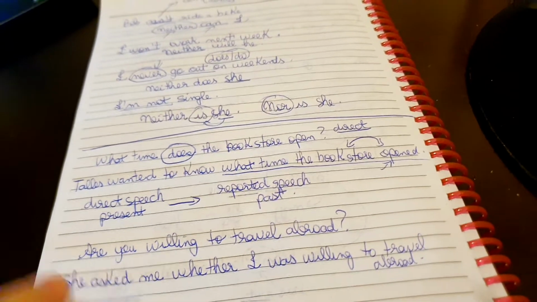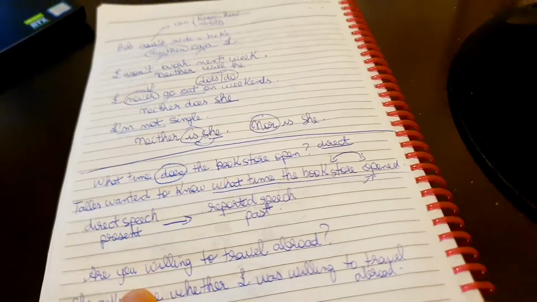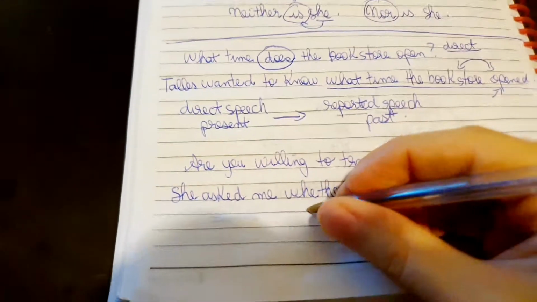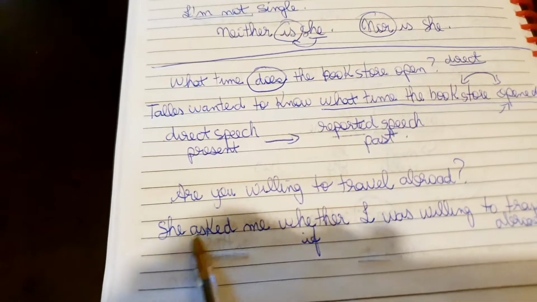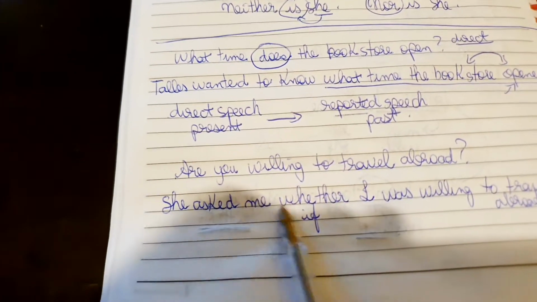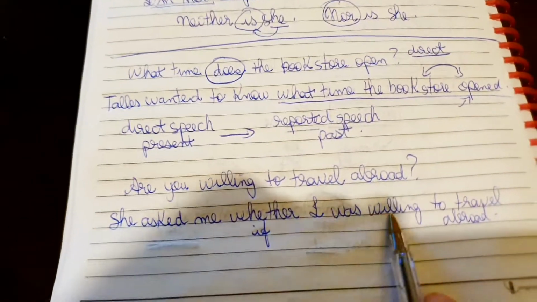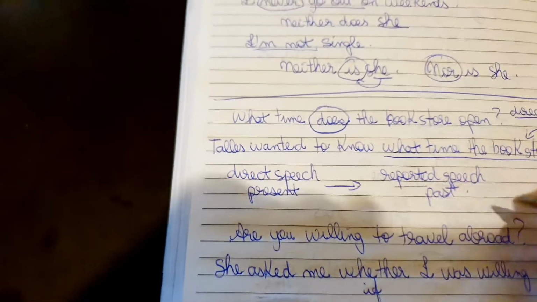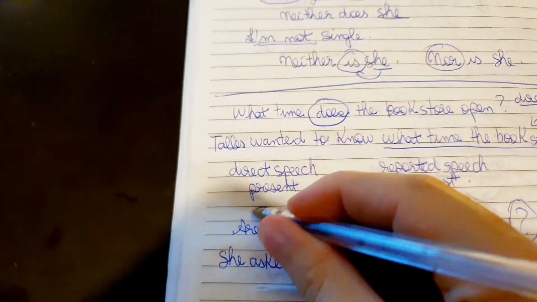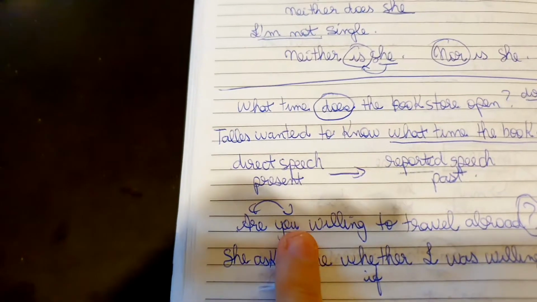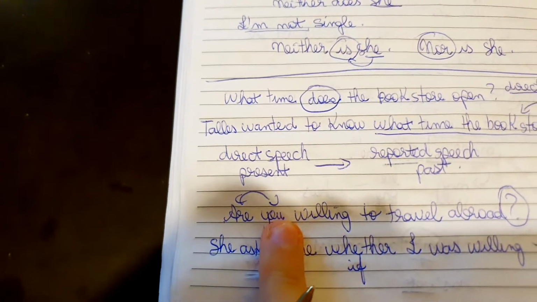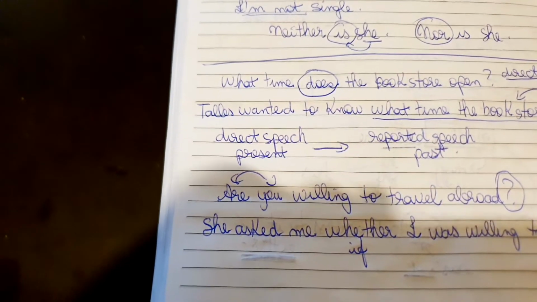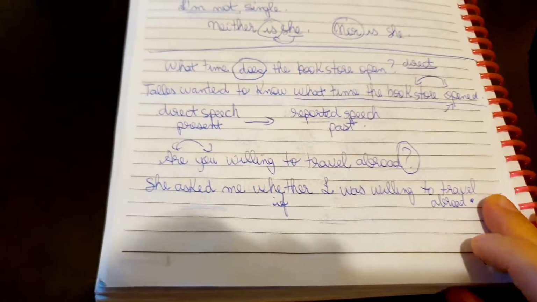She asked me whether. Whether has the same meaning as if. She asked me if, or she asked me whether I was willing to travel abroad. So here we have a question, and the word order here is changed. Verb first, subject later in a question. But here it is different, as we don't have a question sentence.